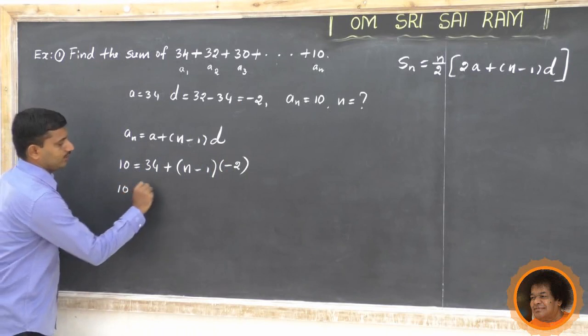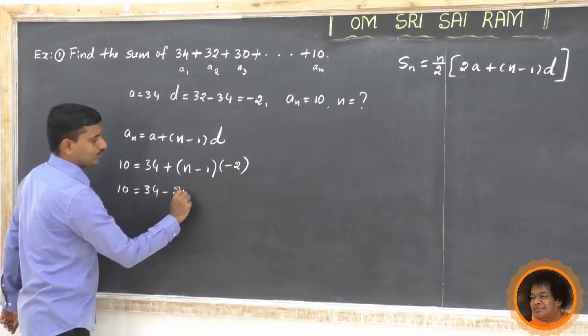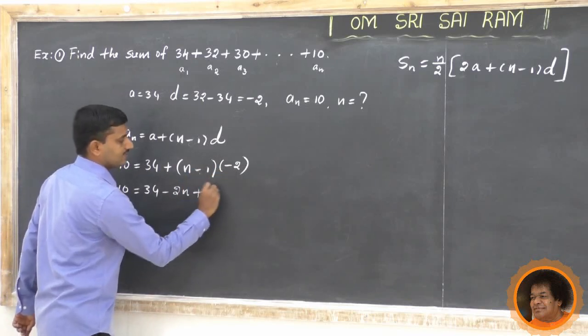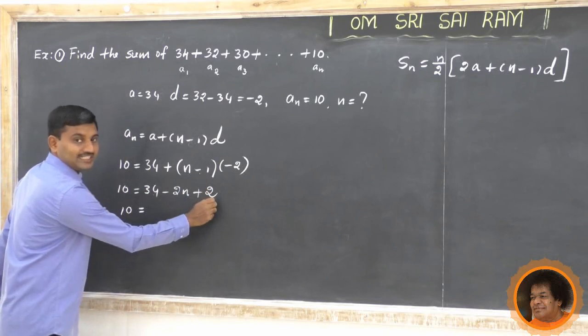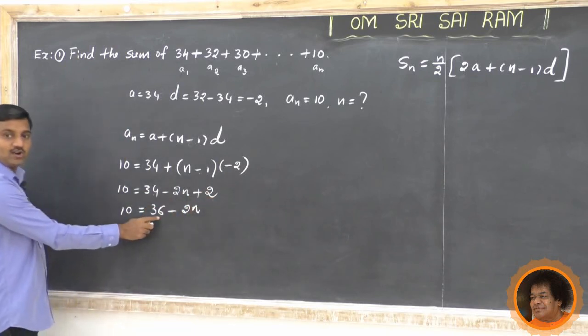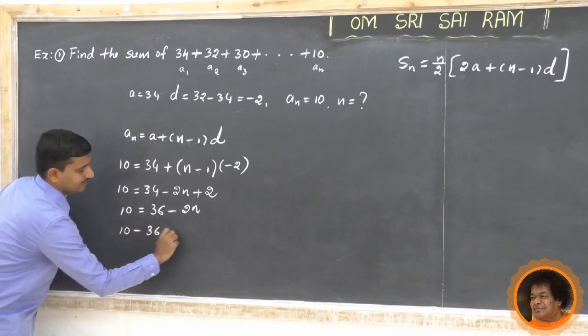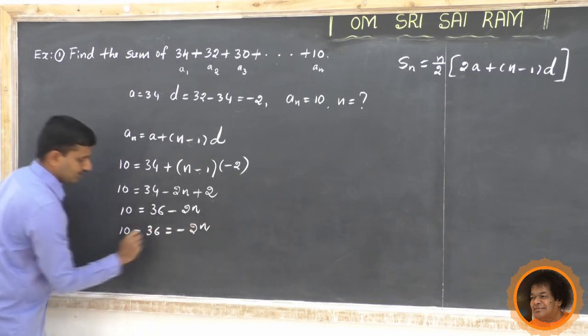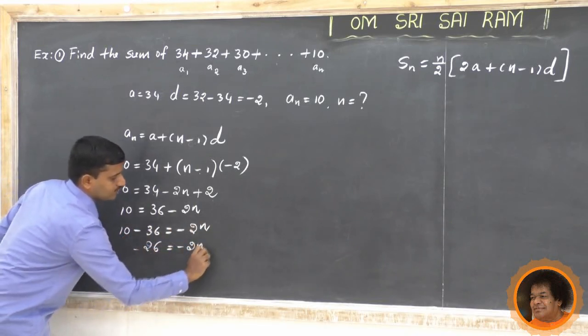So 10 is equal to 34 minus 2 into n, that is minus 2n, minus into minus is plus, that is plus 2. So 10 is equal to 34 plus 2, that is 36, minus 2n. Now transpose the constant term to the left hand side. So 10 minus 36, which is equal to minus 2n. So what is the answer? That is minus 26 equal to minus 2n.